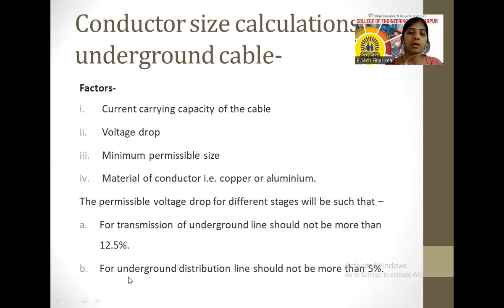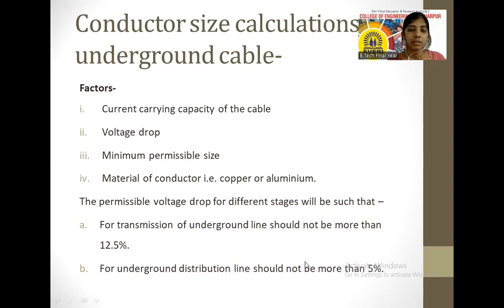Then, if you have to calculate the size of the conductor for the overhead distribution line, that voltage drop should not be more than 5%. For the underground distribution line also, the voltage drop should not be more than 5%.